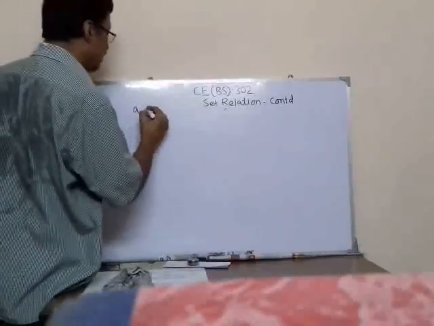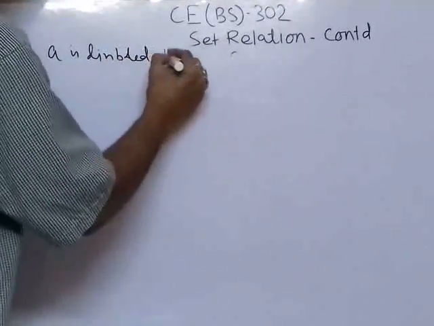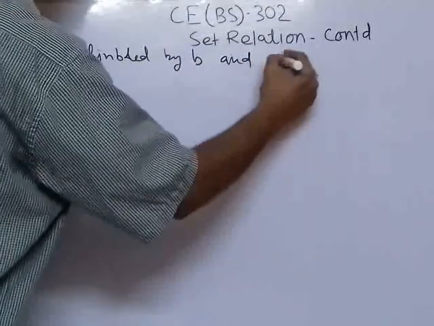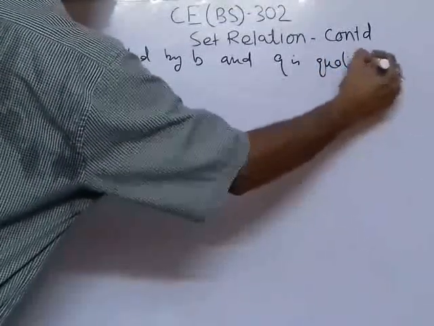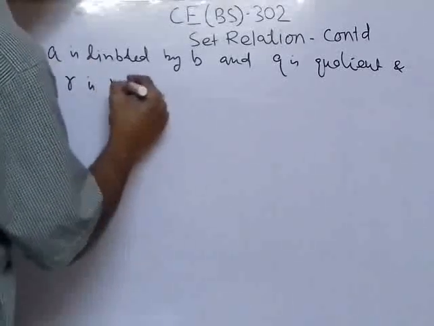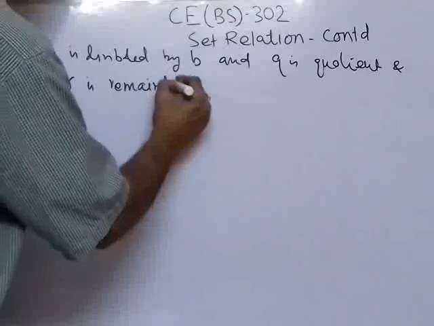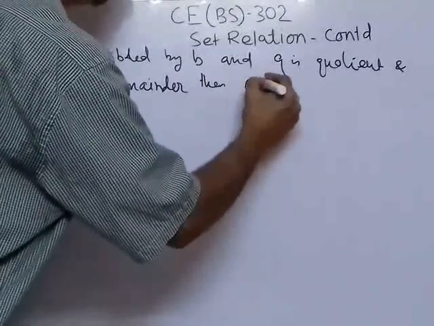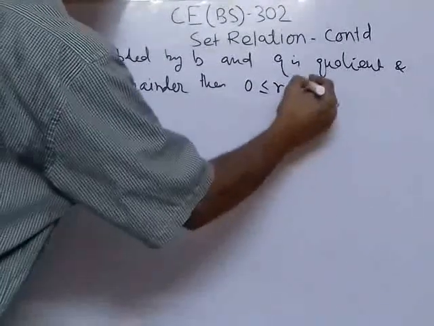If a is divided by b and q is the quotient and r is the remainder, then 0 is less than or equal to r, which is less than mod b.